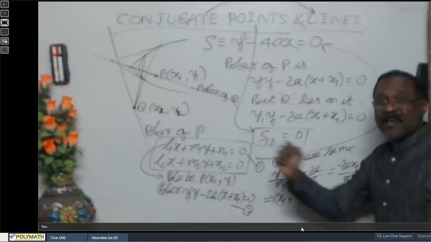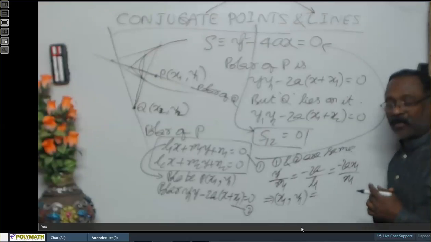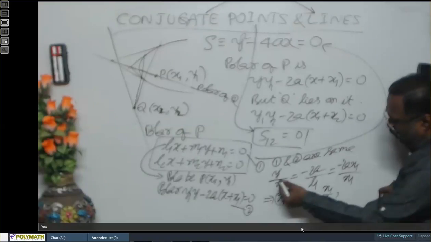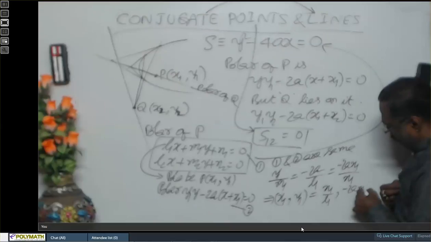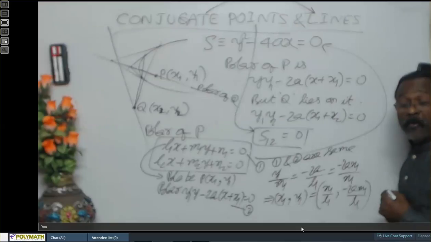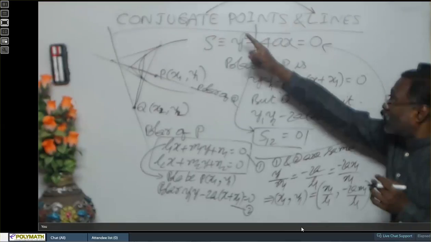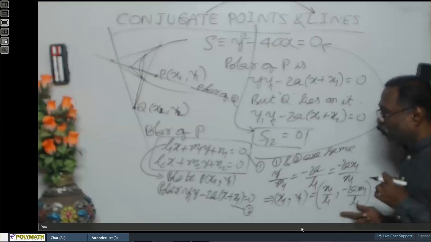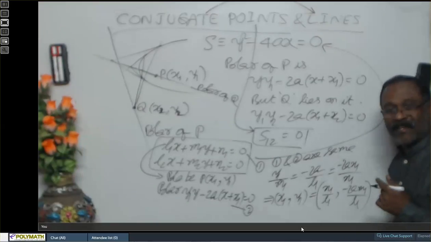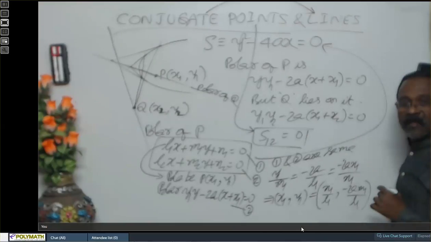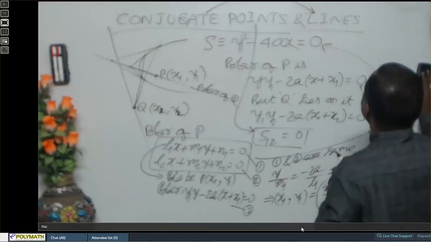From this one, you will be getting x1, y1, which is nothing but the pole of this line. What is the pole of this line now? Write x1 from this one. It is n1 by L1, comma, y1, minus 2a m1 by L1. This is the pole of the first line. If they are conjugate lines, this pole must lie on the second line. Let us substitute that here.